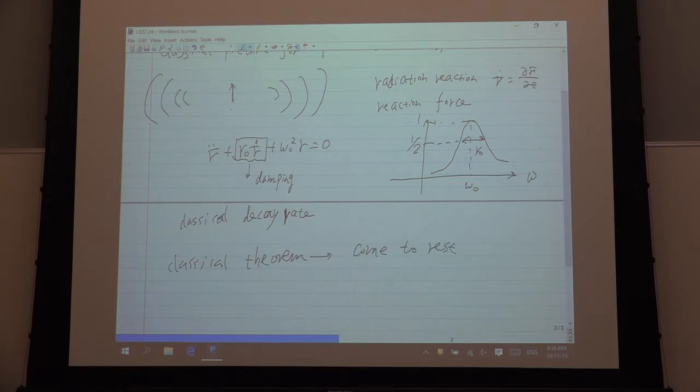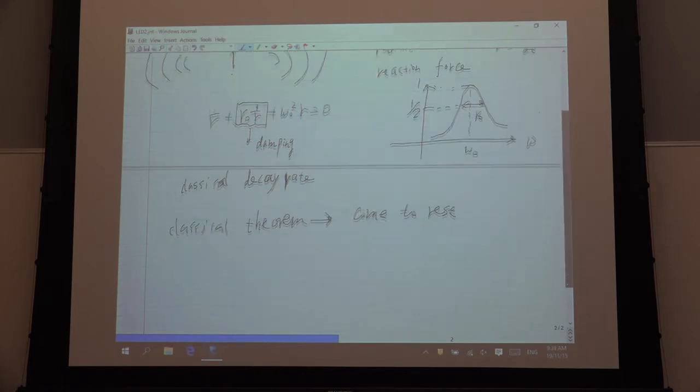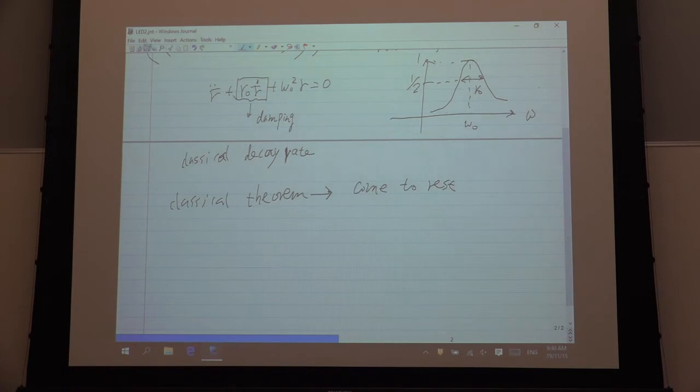But it does not agree with the real-world physical phenomenon.